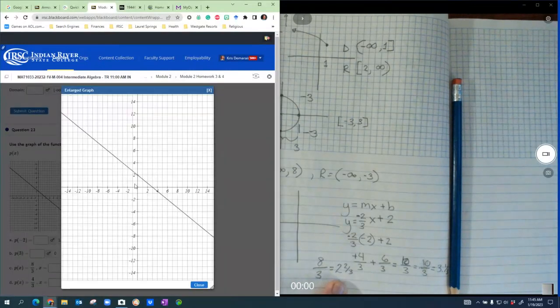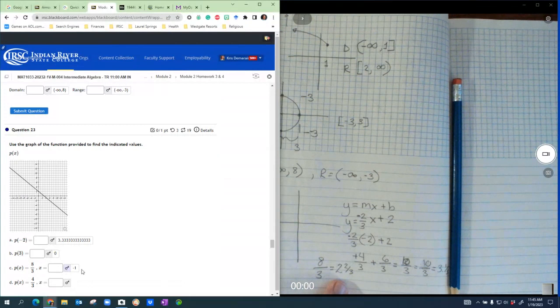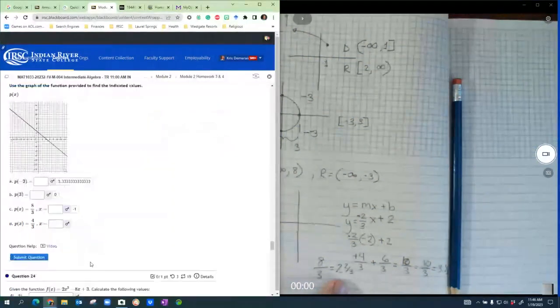The output is 2 and 2/3. So 2/3 right here. I look over here and I see that it's equal to -1. That's going to be our input value, -1, because that's where the value of 2 and 2/3 is for the output. So my answer is going to be -1 for that one. And I have the answer there.